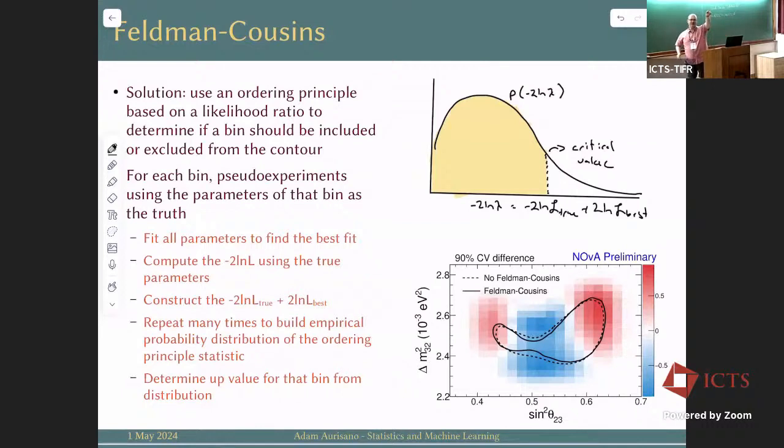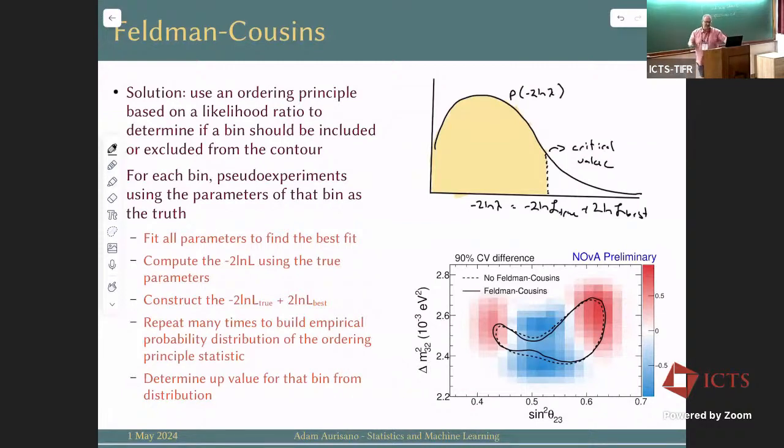At a given bin, you basically draw pseudo experiments at that bin point. So you know what the true values are because you've picked a point in your parameter space. You evaluate your -2 likelihood plugging in the values that you know are true, right? Then you do a best fit, you let the parameters float, and you do it again. The difference in those two values is your likelihood ratio that you use to order your outcomes.